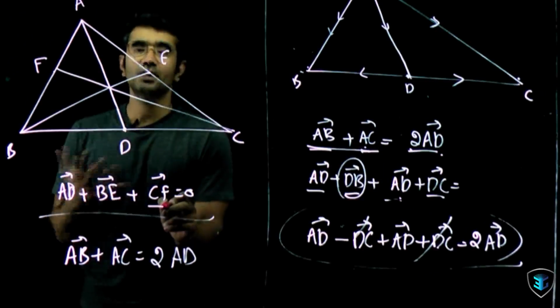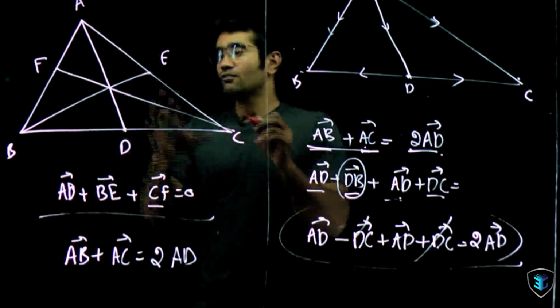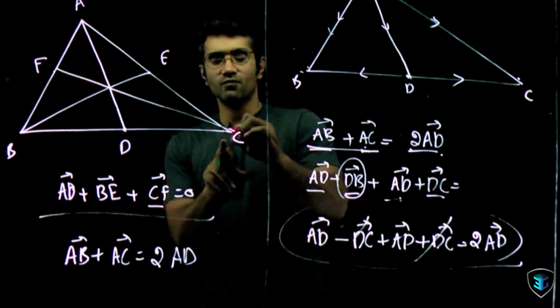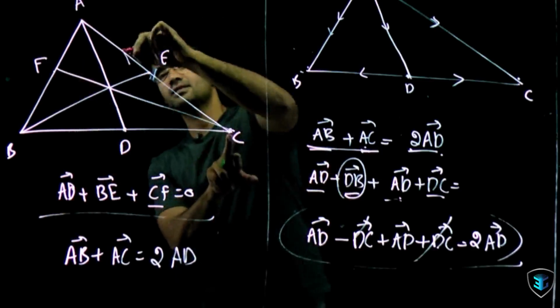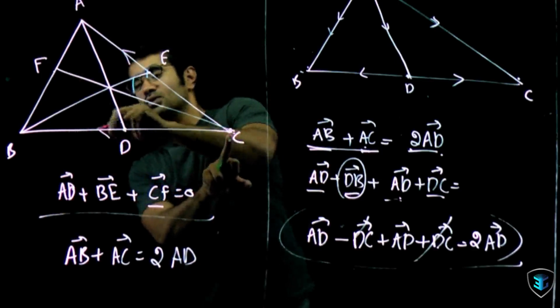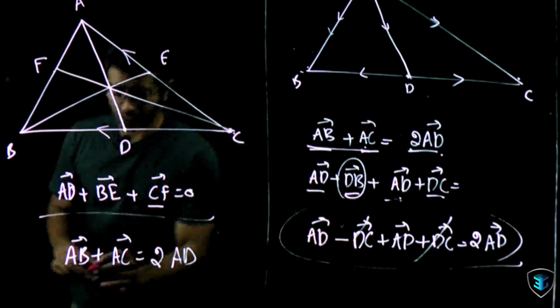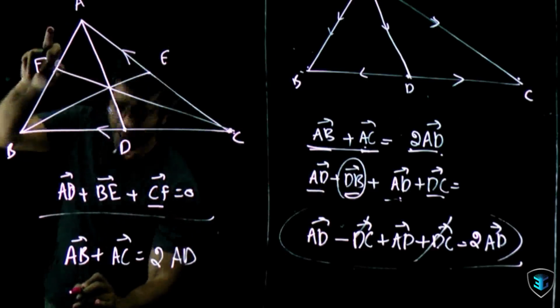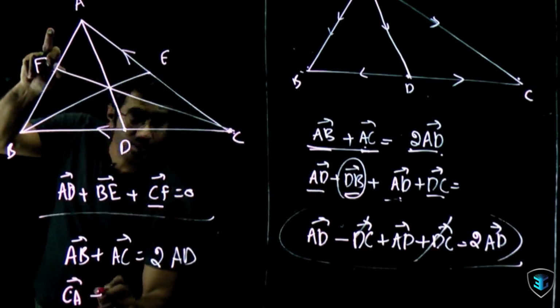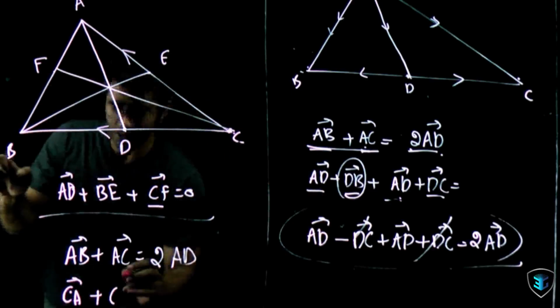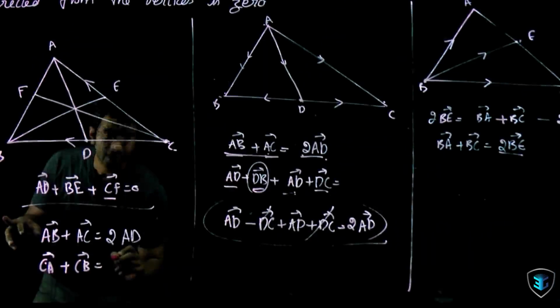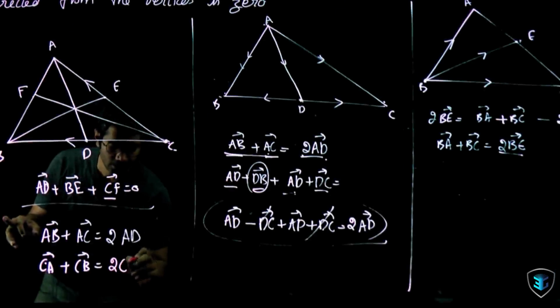So can I write the same equation with CF? Of course. So if I have to write CF, I should have vectors starting from C, that is CA and CB. So these two vectors, if I add them, I'll get 2 times CF. So we can write that: vector CA plus vector CB is equal to 2 times CF.